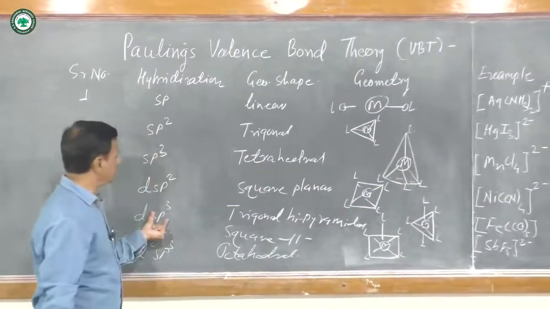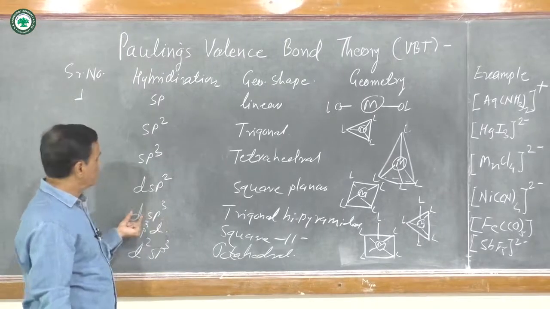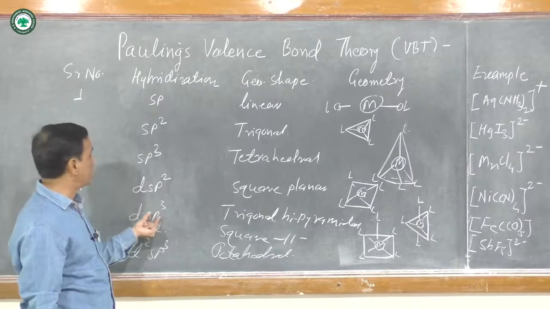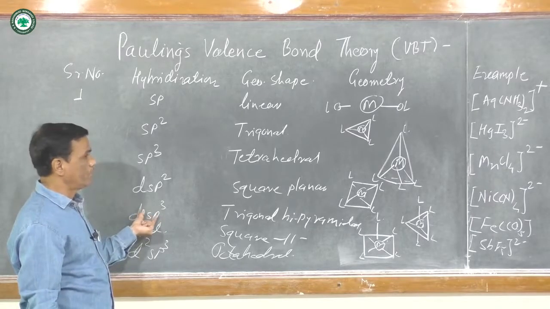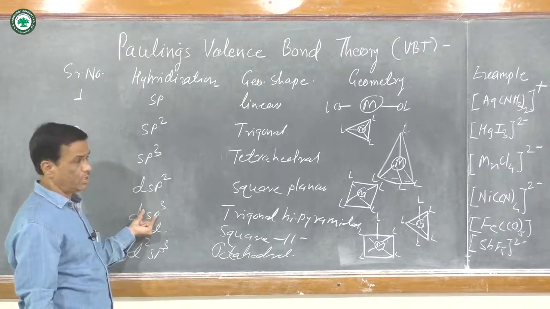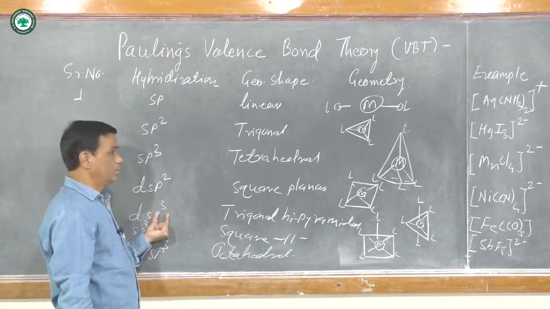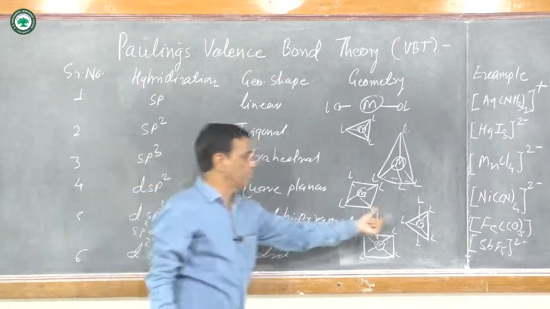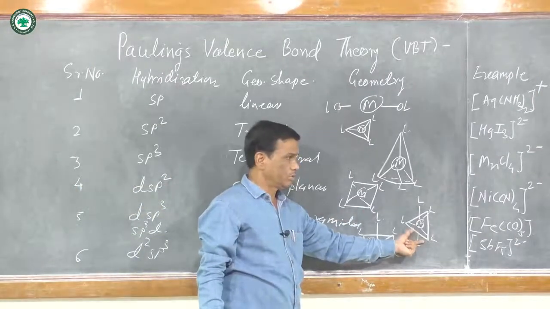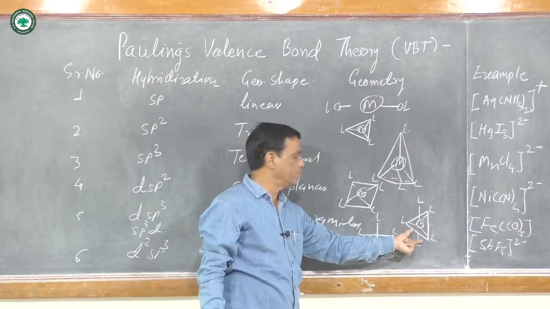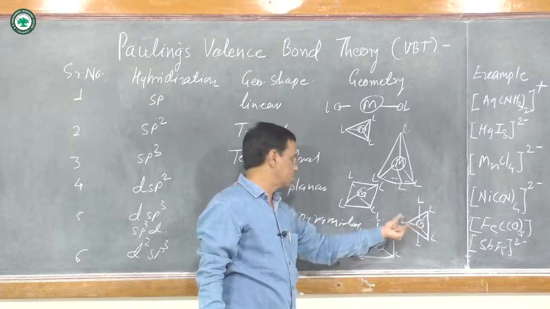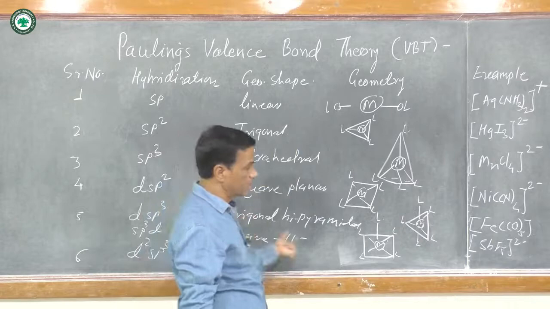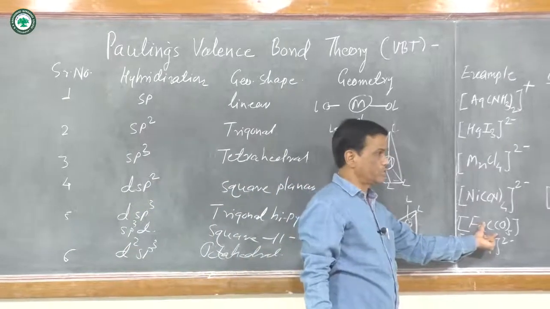Next one is dsp3 hybridization. 1d orbital, 1s orbital and 3p orbitals combine, and there is a formation of 5 hybrid orbitals. Out of that, 3 hybrid orbitals are equivalent. One lobe is above and the second is below, and this type of structure is formed. It is known as trigonal bipyramidal structure, and the example is Fe(CO)5.